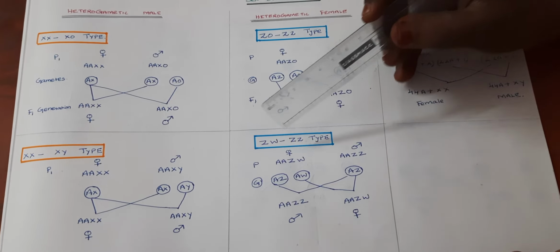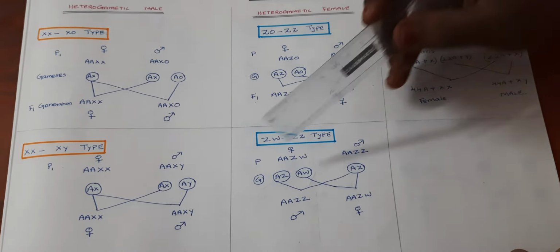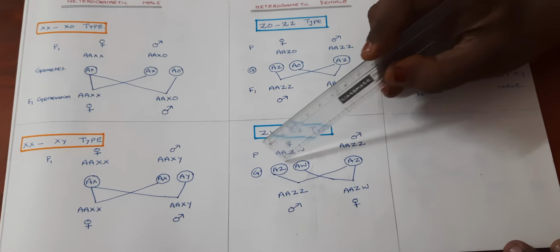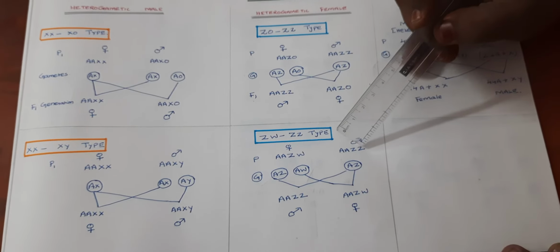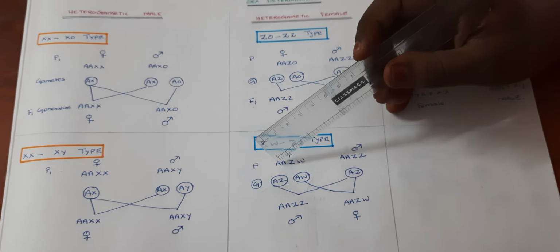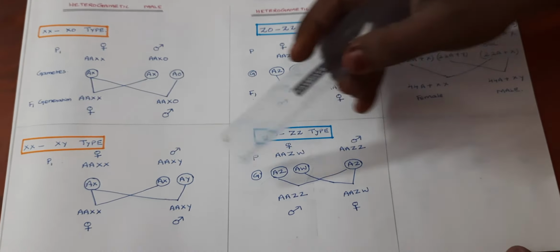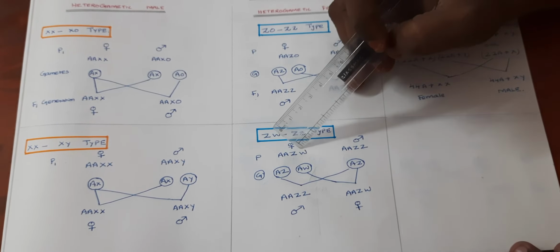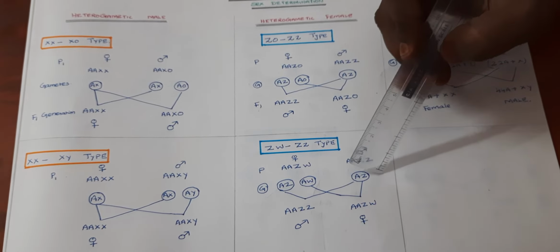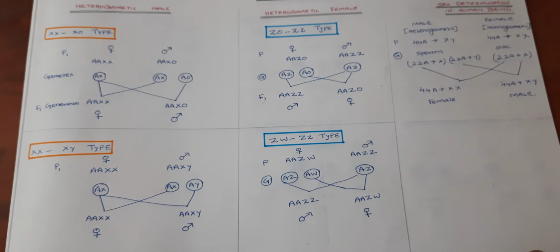Next, ZW-ZZ type. Female AAZW, heterogametic, heteromorphic. AAZZ male, homomorphic. As I already told you earlier, the female produces two types of gametes, AZ and AW, and the male produces one type of gamete, AZ, because it is homomorphic.